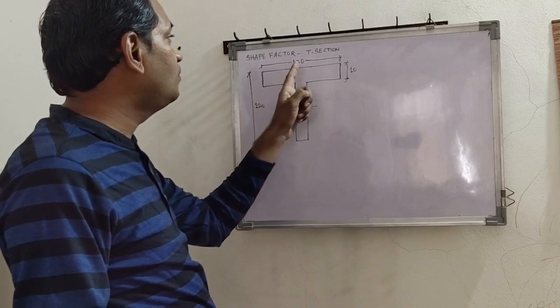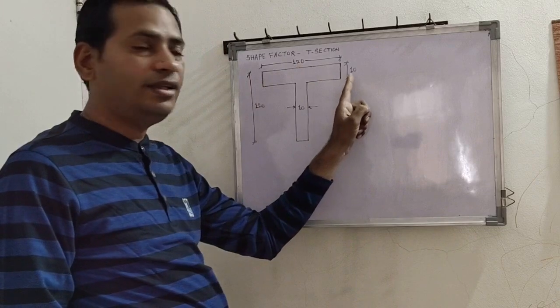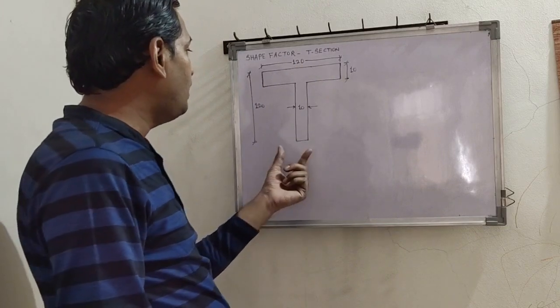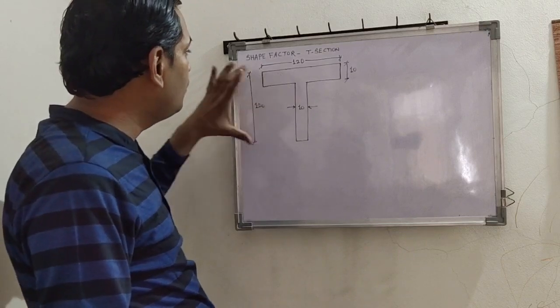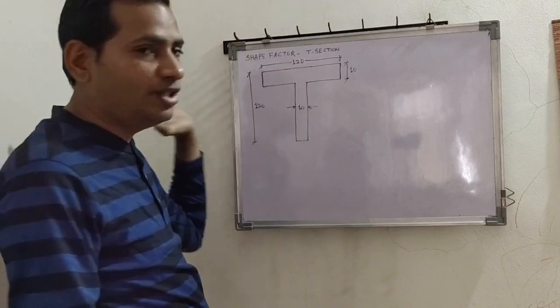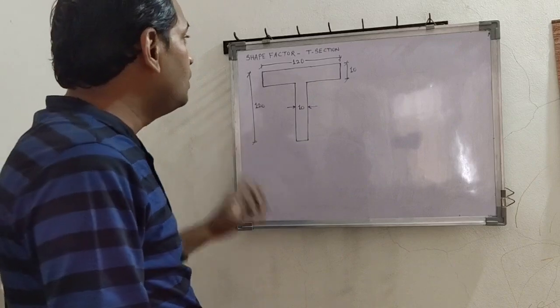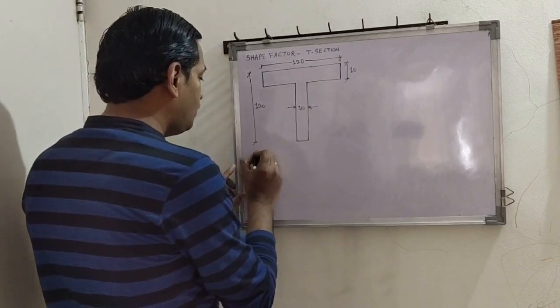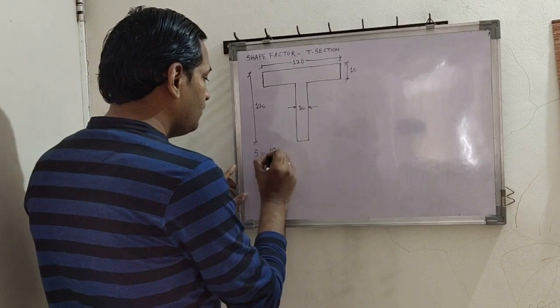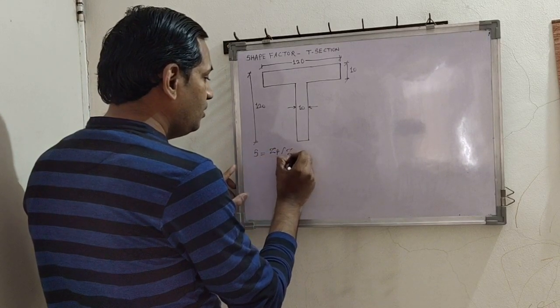Flange size 120 width and 10 mm is the thickness, and web 10 mm thickness and height is 120 minus 10, so 110. So again with the basics, shape factor is equal to ZP upon ZE.